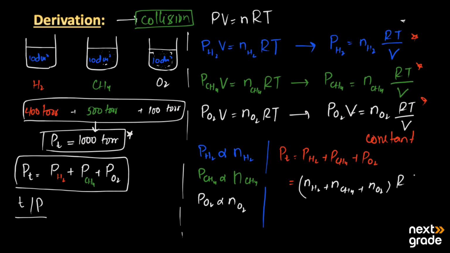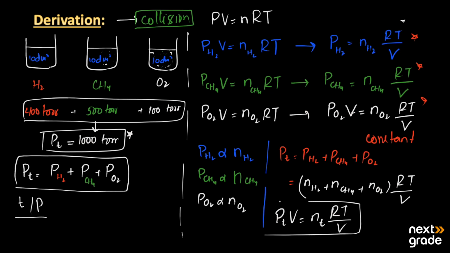And here the RT over V ratio is a constant value. It means at the end we gain PT times V is equal to n total, the total number of moles, times RT over V. So this is basically the law of partial pressures that was proposed by John Dalton. He put forward that the total pressure applied by the gases is equal to the sum of their numbers of moles.